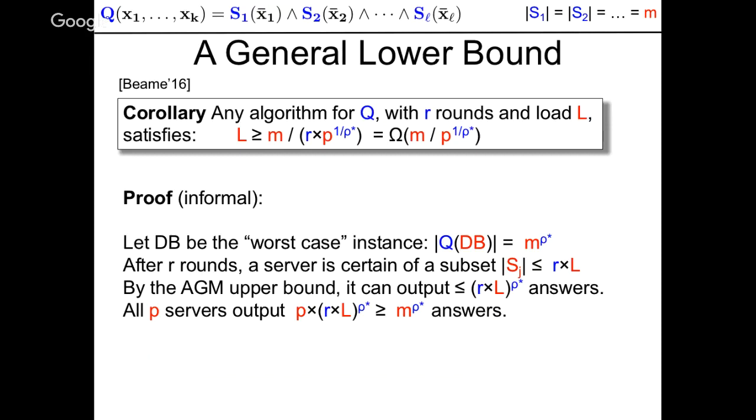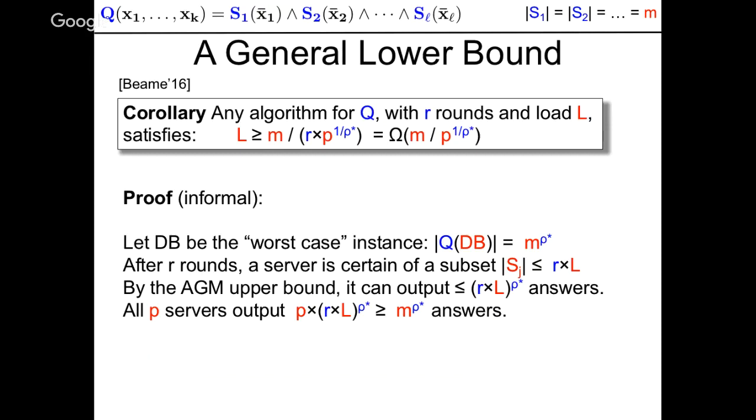By the AGM bound, this server can output at most (r times l) to the power of rho star. So together, all these p servers can output at most p times that. And this has to be at least m to the rho star, because that's the required size of the output. Do some maneuvering, and we get this bound here for the load.